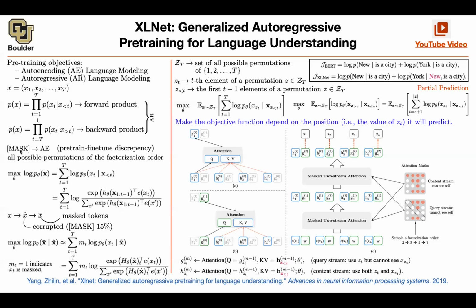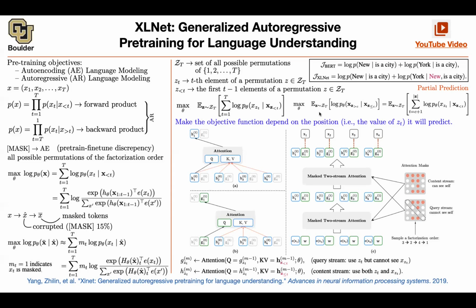So there is a bias towards this mask, and we saw that BERT was aware of that problem and was trying to deal with that problem by picking 15% of your tokens. Out of those 15%, 80% of them you actually mask, 10% of them you do nothing, and the other 10% you're going to replace by a random word in your corpus, in the hope of reducing the bias towards this mask. Using this idea of permutations, you can actually get rid of that.